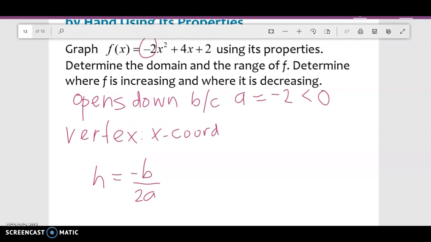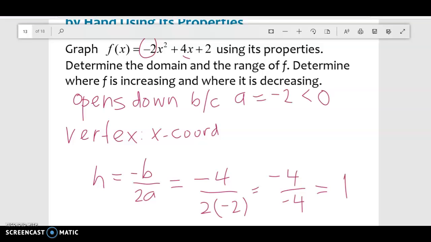So I have negative b, so negative 4, that's the b value, over 2 times the a value, which is negative 2. So negative 4 on top, over 2 times negative 2, which is negative 4, that's equal to 1. So the x value of our vertex is positive 1.